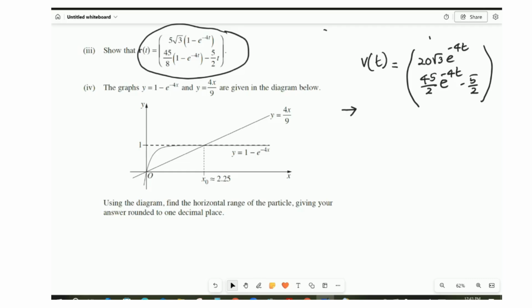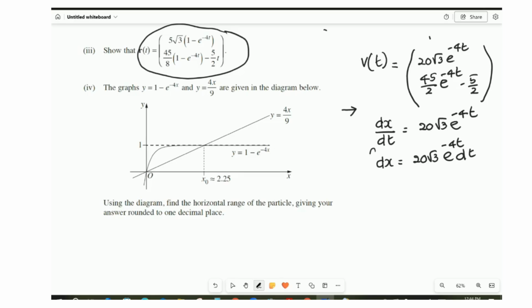Now we know that along the horizontal direction, velocity is dx divided by dt, and that is equal to 20 square root of 3 e to the power minus 4t. So then I can write dx is equal to 20 square root of 3 e to the power minus 4t dt.